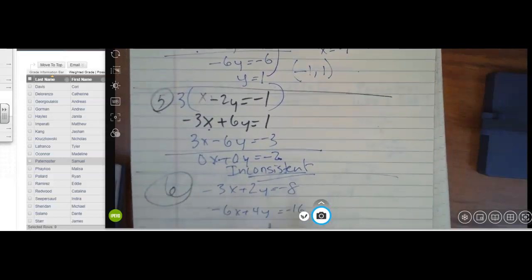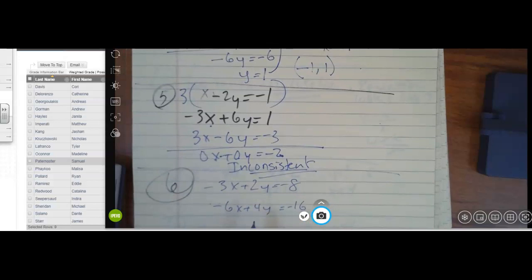So for number 6, do what we need to do. You can multiply this top one by negative 2. 6x minus 4y equals 16. Add that together and you get 0x plus 0y equals 0. That's a dependent system.